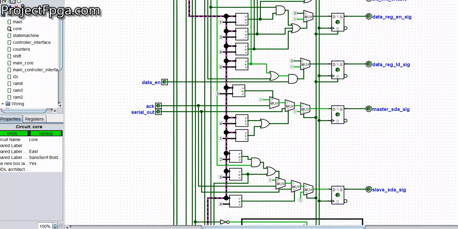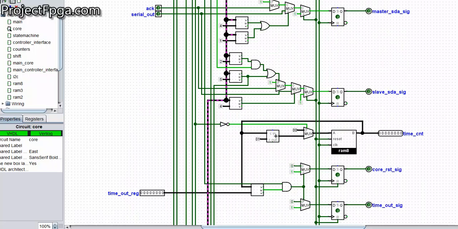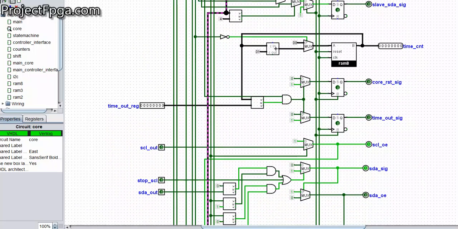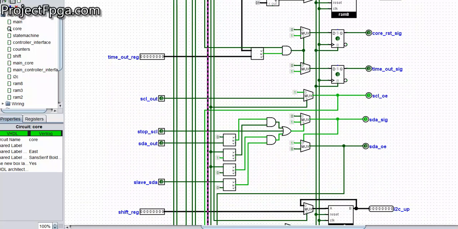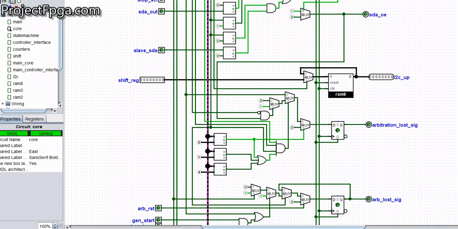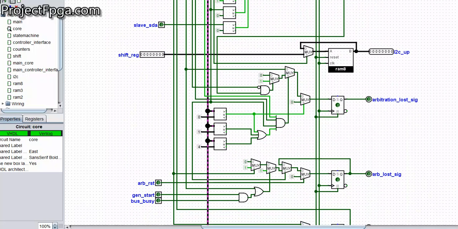So I think that will be all for this. In another tutorial, we are going to be talking about this I2C up, which is the received data. The inputs of this shift register come from the shift. Remember when we talked about this shift here?